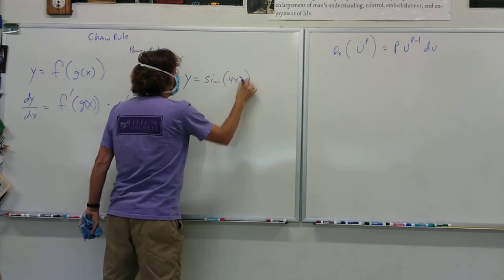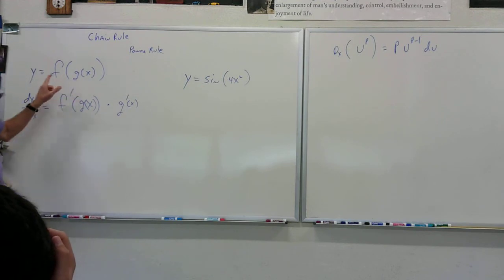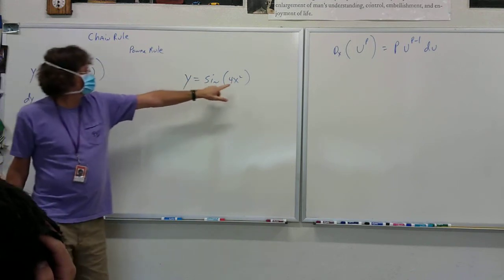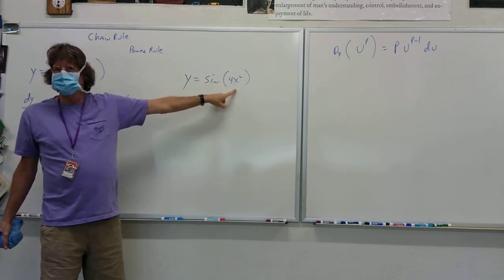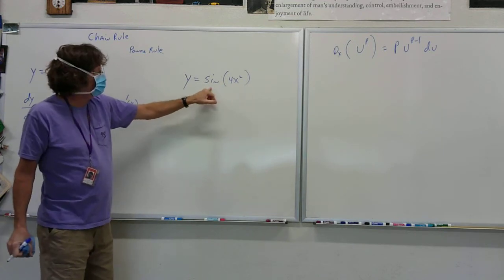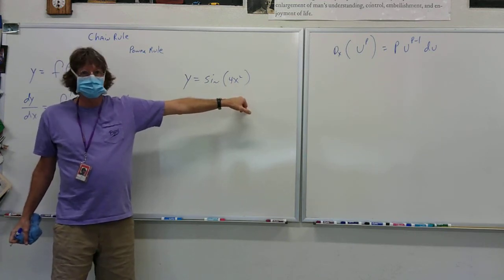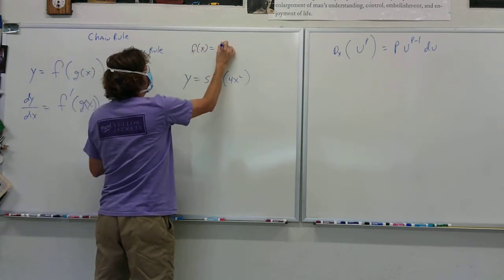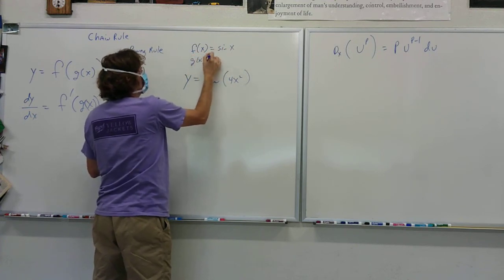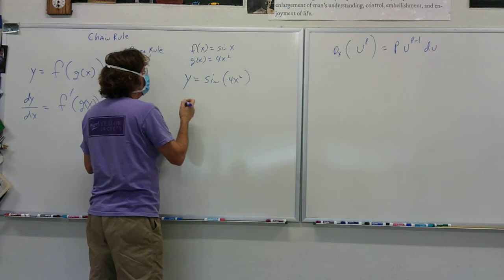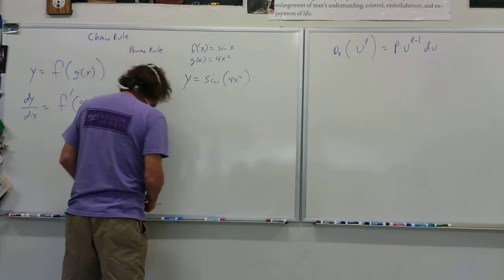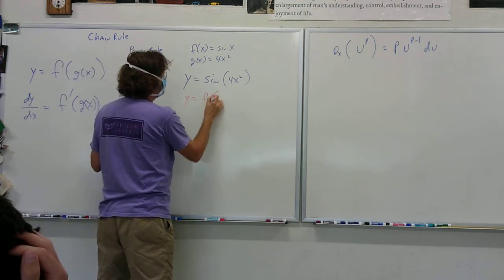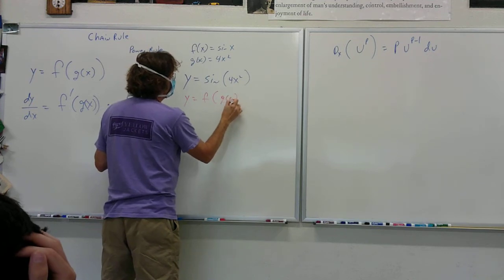Now, here's what happened last week when we were doing the derivative of trig functions. The sine was your f function, and this was your g function. But it wasn't f times g, it was f of g. In other words, f of x equals sine x, g of x equals 4x squared, and you really had y equals f of g of x.